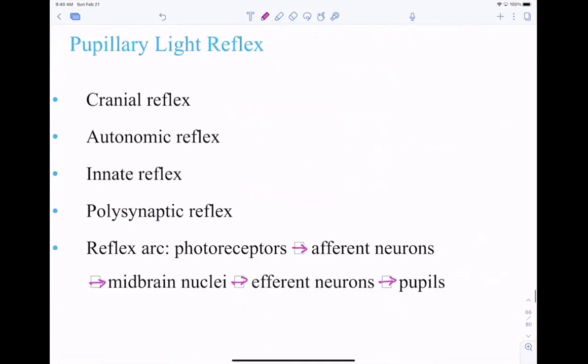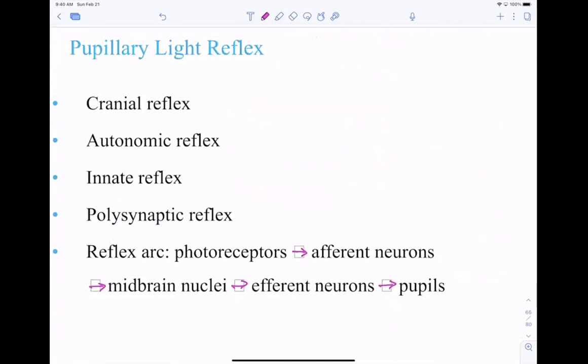So again, a cranial reflex, just an example, is like when someone shines a pen light into your eyeball, they're seeing if your ocular motor nerve is working correctly, your cranial nerve 3. It's an autonomic reflex. Your pupil should constrict if bright light is shined into it, and it will dilate if it's not, right? So they can tell if you've had some kind of injury.